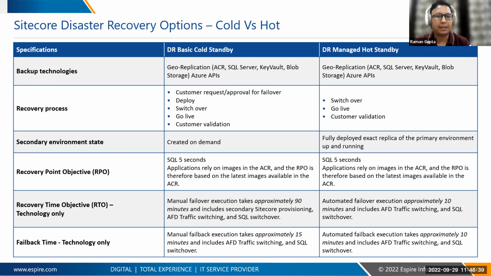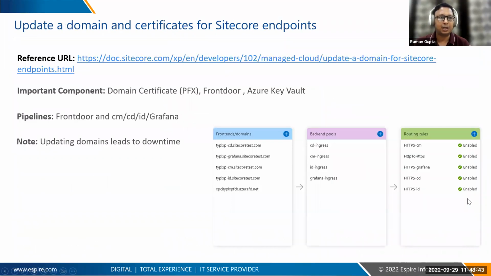Then next, we have the last topic for the day: updating a domain and certificates for the Sitecore endpoint. When we deploy the Sitecore instance on AKS, Sitecore provisions temporary, or default, instances and installs certificates for those DNS names.